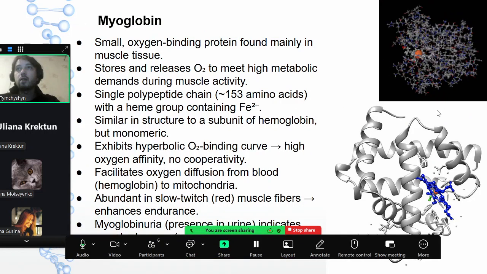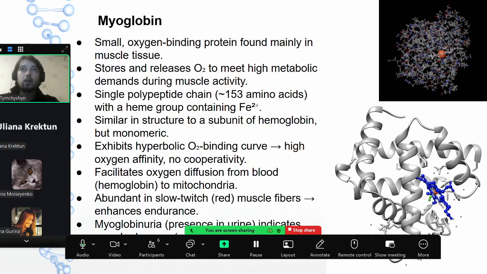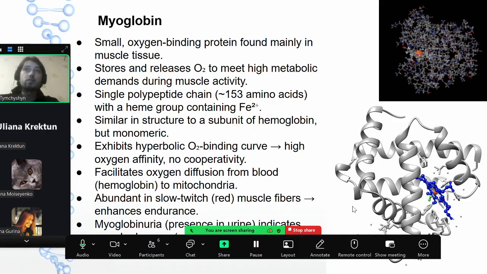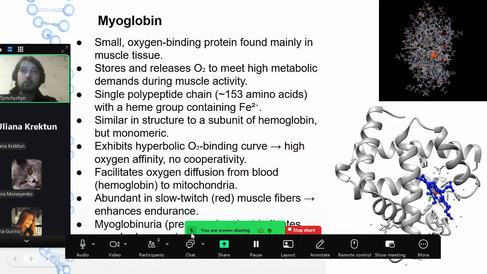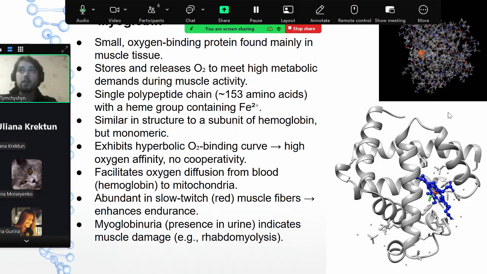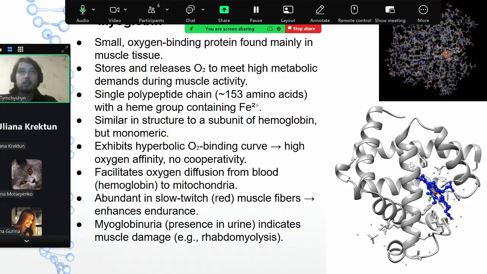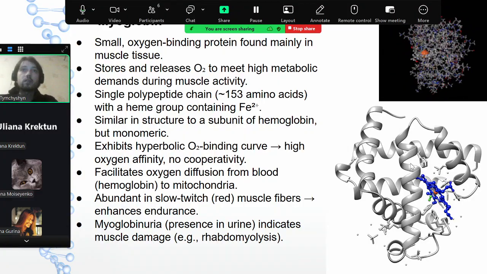Here is the myoglobin for you. Here is how that looks. It's a really small oxygen-binding protein found mainly in muscle tissue, so that's pretty specific to muscles. Of course, you might guess it stores and releases oxygen.